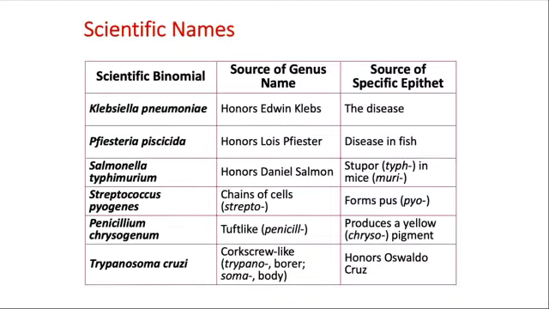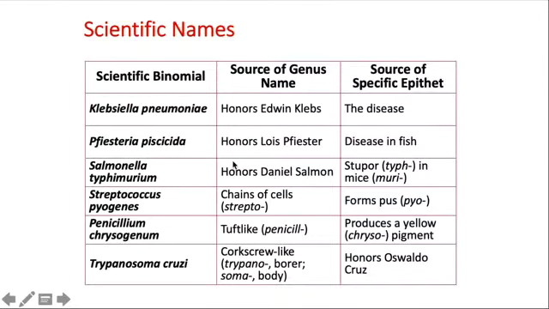How organisms are named based on the genus and species name, as in how the genus name is sourced and what the species name is based on, doesn't really follow any strict rules. For instance, you have Klebsiella pneumoniae, where the genus name honors Edwin Klebs, and the species name describes the disease that it causes, which is pneumonia.